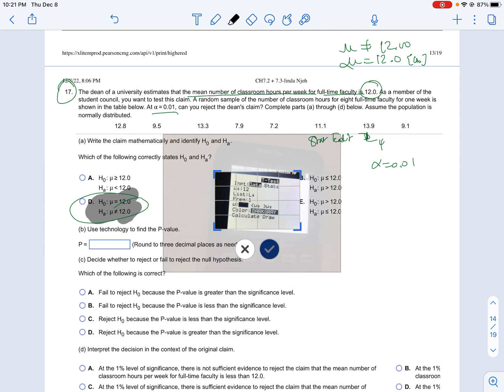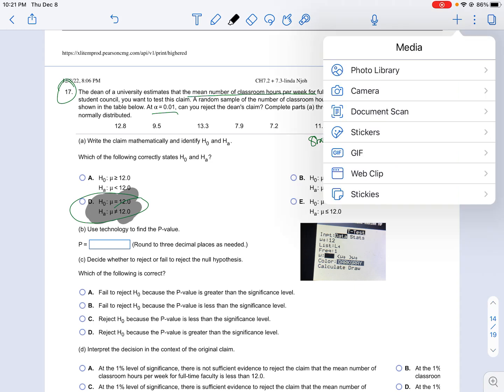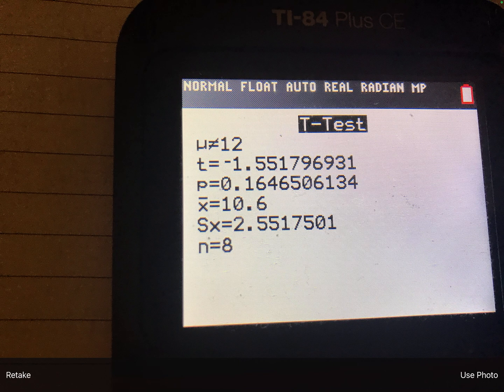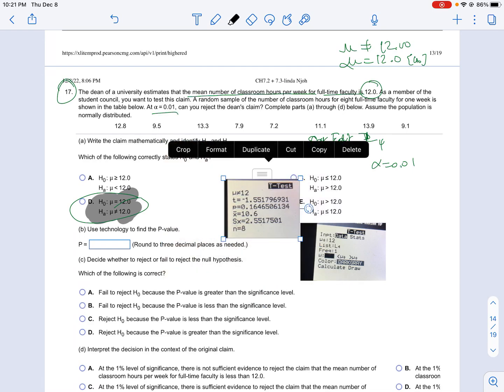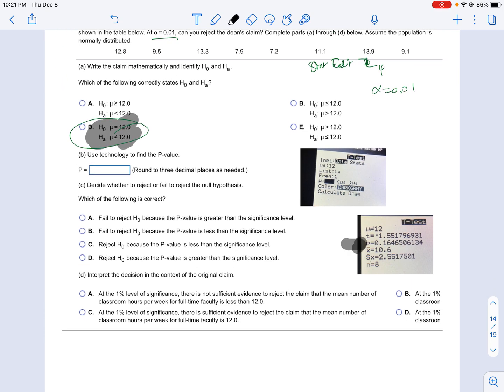Let's crop. Here we go. Press calculate, stat, test, t-test. All right. Here we go. So my p-value is here. The p-value is 0.165.